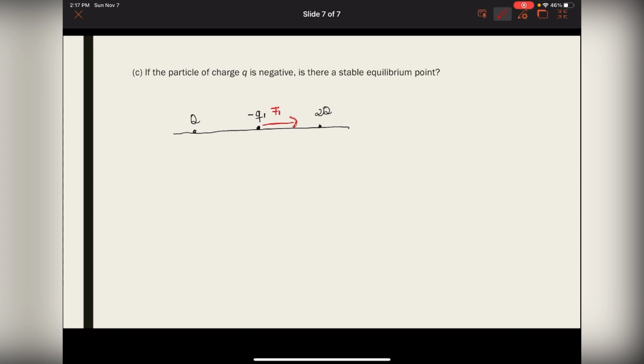Now, Q and negative Q prime will also attract each other, and I will call this F2. So now we have a pair of forces pointing in different directions, so they can cancel out and possibly put the system in equilibrium. But we also have to look at the other two charges and their forces.